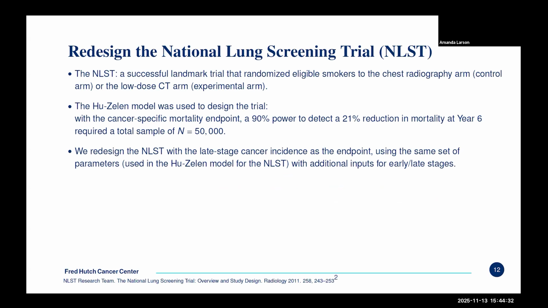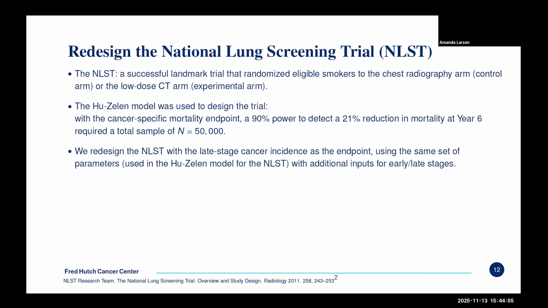So to validate this model, we tried to redesign the National Lung Screening Trial. As I said, it was a practice-changing trial: after this trial, low-dose CT was established as a standard of care.